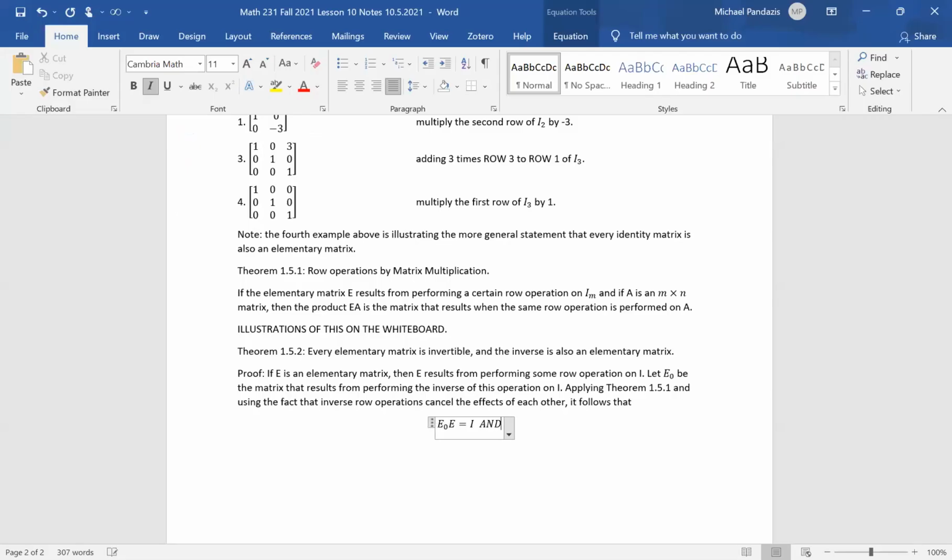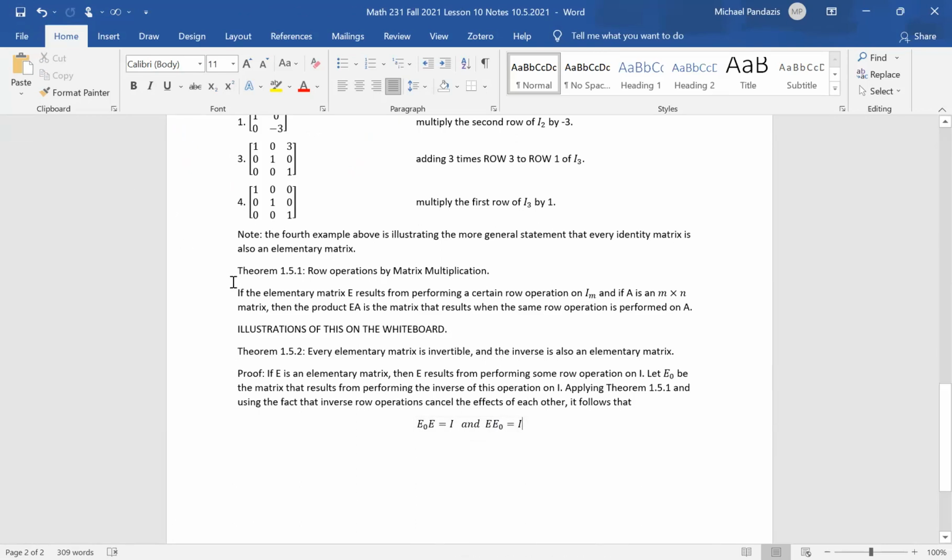But by very similar reasoning, E E naught is also equal to I. Multiplying the matrix on the left by E naught would be performing the inverse row operation, and then multiplying on the left by E afterward would be performing the original operation. It doesn't matter the order. If you do an operation, then its inverse, or its inverse and then the operation, they cancel each other out in either order. And so E E naught is also equal to the identity matrix.